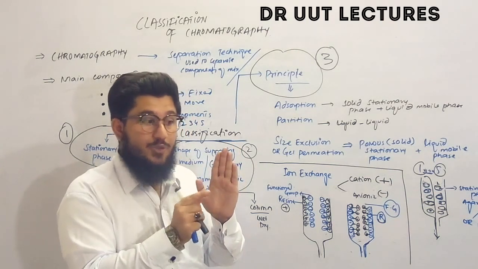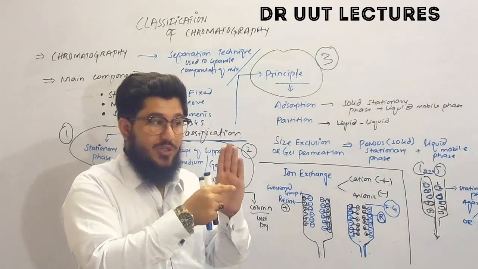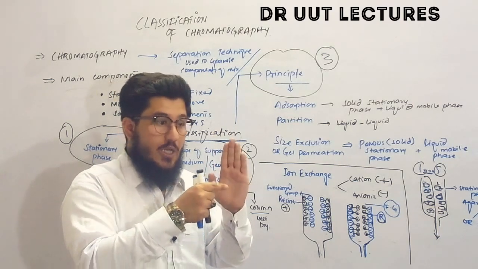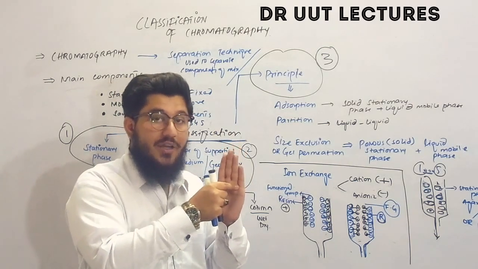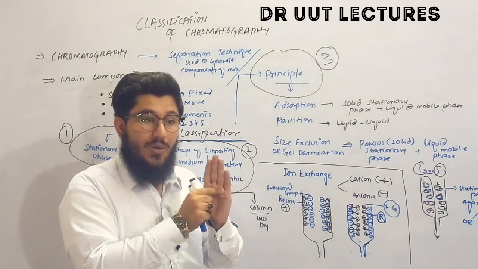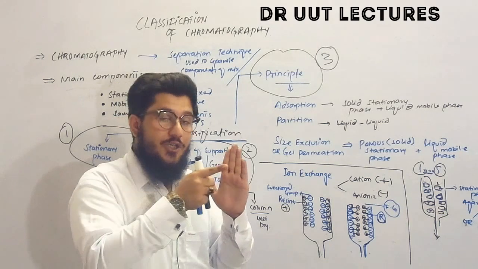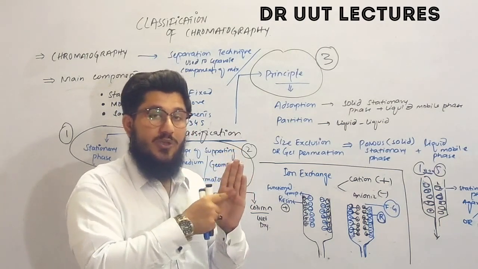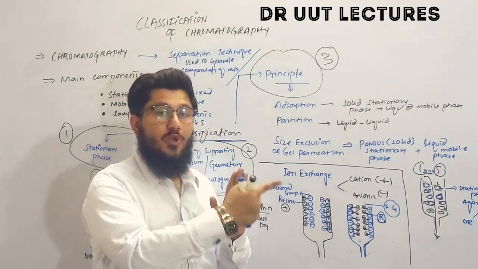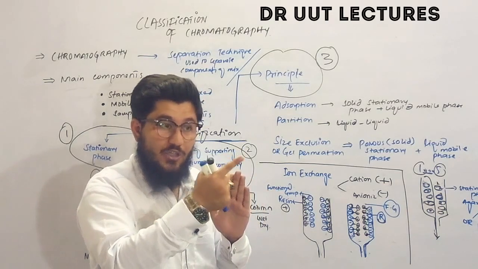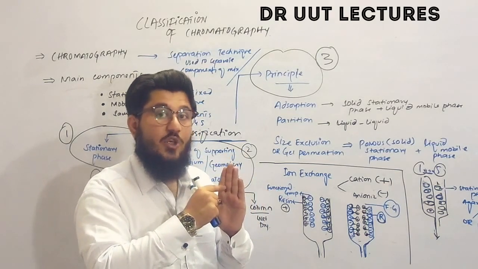Now our sample is adhering to the solid stationary surface, so this type of adhesion is called adsorption. Our sample is adsorbing to the solid phase, due to which that type of chromatography is known as adsorption chromatography, and it works through the principle of adsorption.